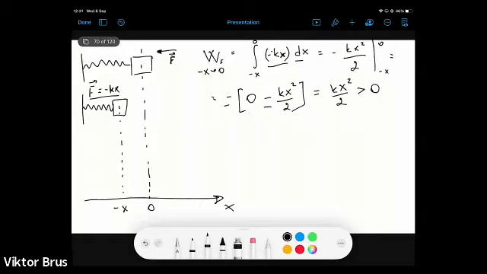So we see that work is positive, and that is because the body is moving from the left to the right, and this spring force is also pointed from the left to the right. So they coincide in direction. That's why we get positive work after integrating this, because our force is not constant and changes along the displacement.